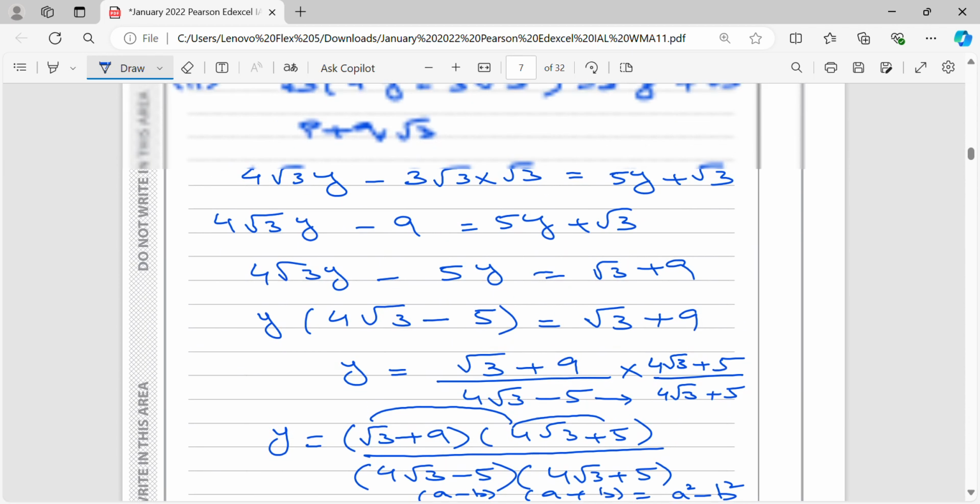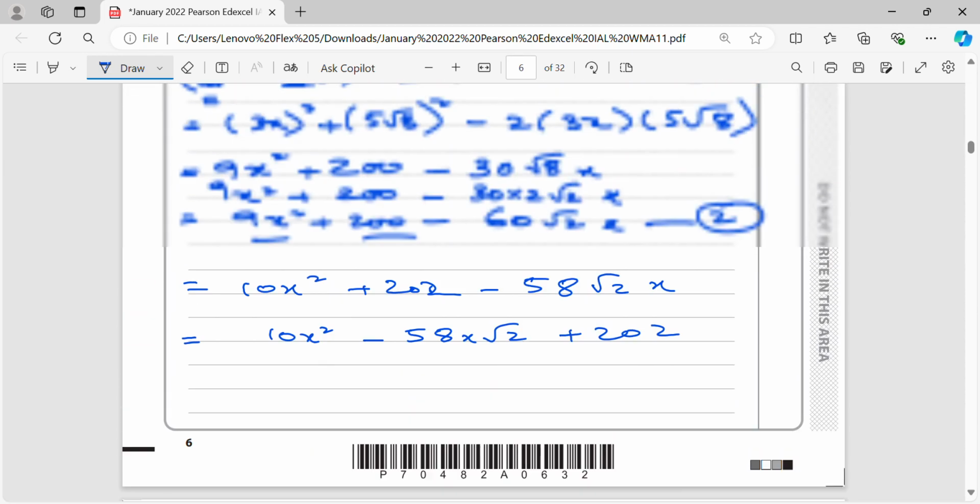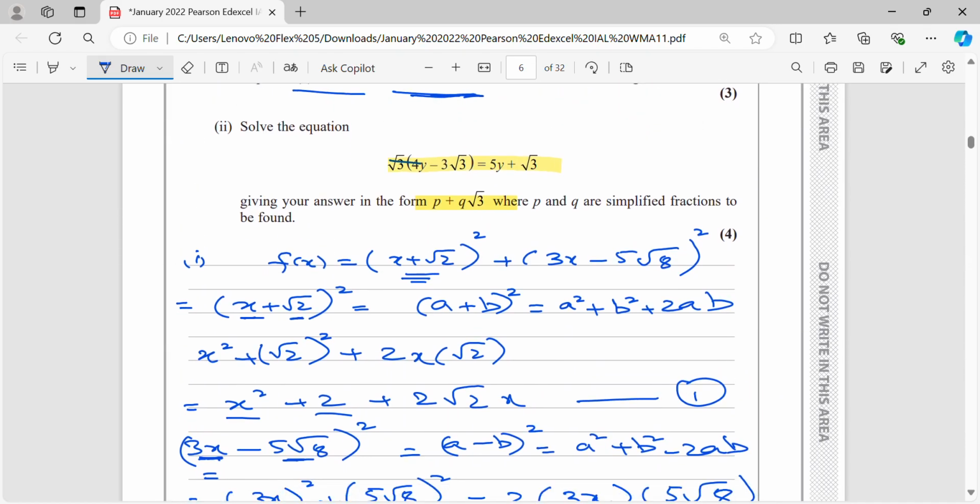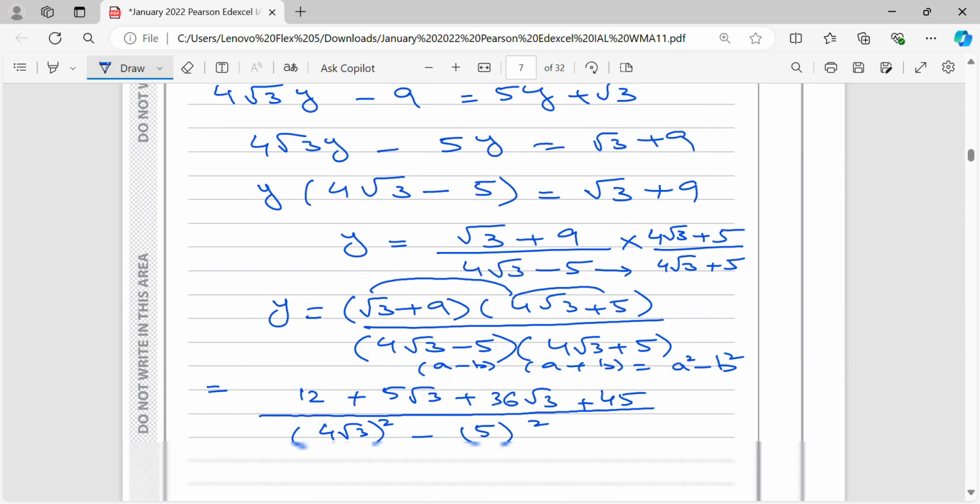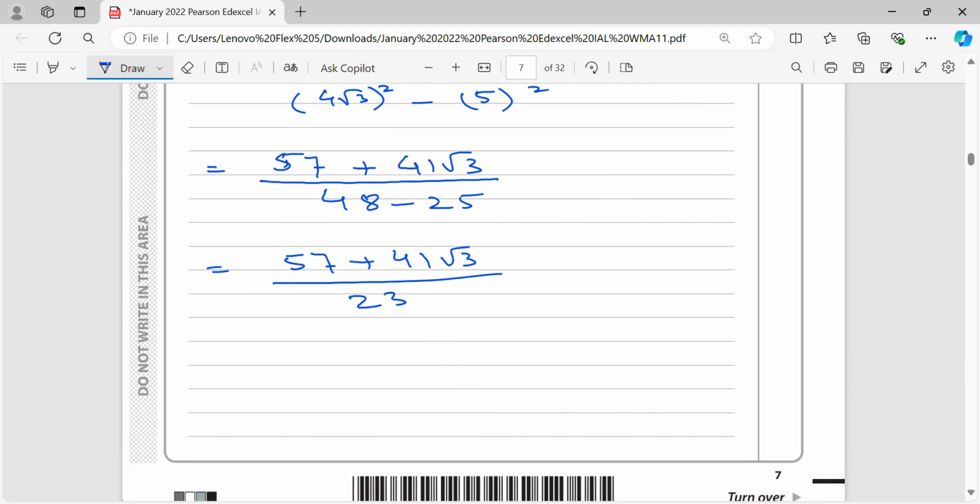Okay, I need to give my answer in the form of p plus q root 3, where p and q are simplified fractions to be found. So these are fractions to be found. Okay, let's write it in the form of split fractions. So this is p and this is q, right?